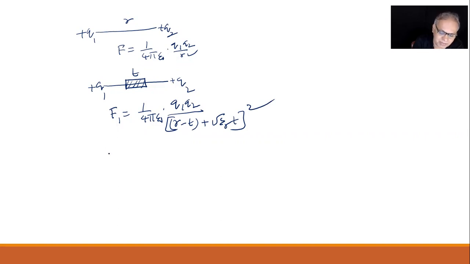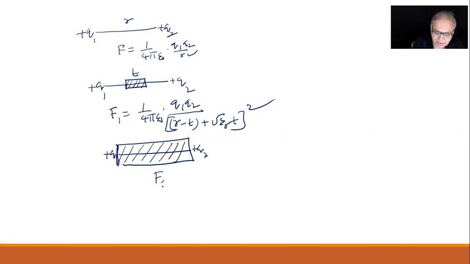Now, if I have all the charges in the medium, that is, the dielectric is completely filling the space between them like this, the force becomes F2, I call it 1 by 4 pi epsilon 0 Q1 Q2 by epsilon R square.